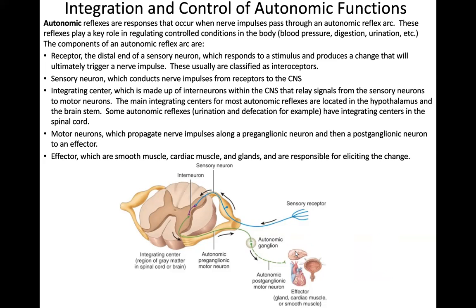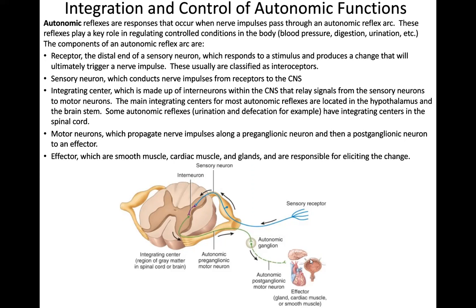Okay. And just like somatic reflexes, we have a reflex arc. This time we call them an autonomic reflex arc. It's basically the same five components that we saw the other day: receptors, sensory neurons, integrating center, in the gray matter of either the brain or the spinal cord, and then motor neurons carrying the signal out to effectors.